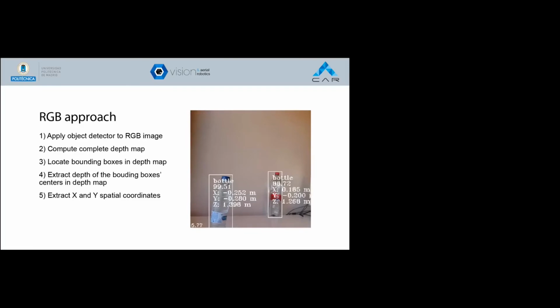The first proposed method for centroid extraction is based on the use of the color camera and the depth map that the camera can calculate by default. The proposed algorithm is briefly summarized in this slide. First, the object detector is applied to the RGB image.